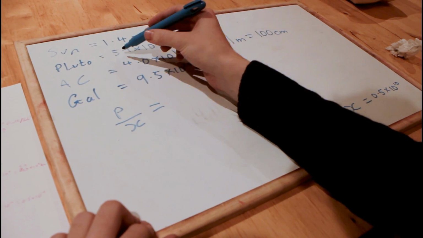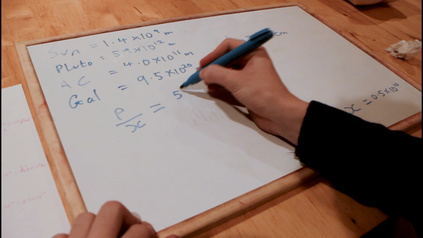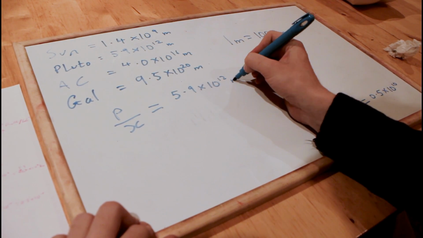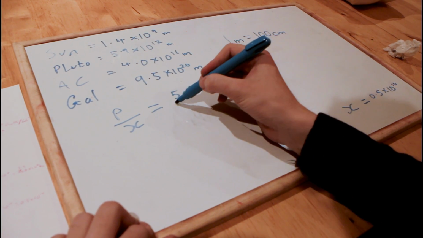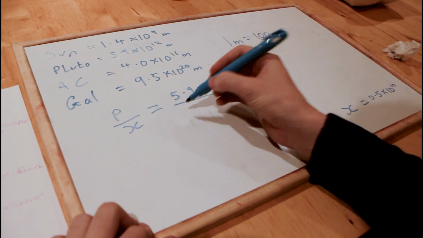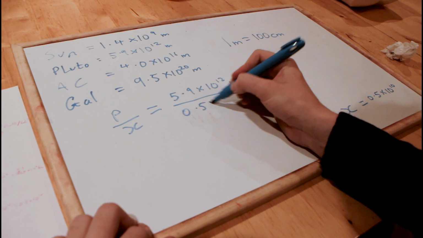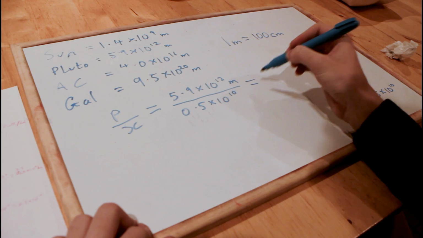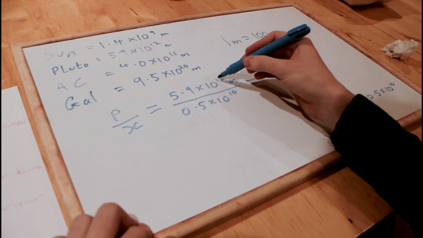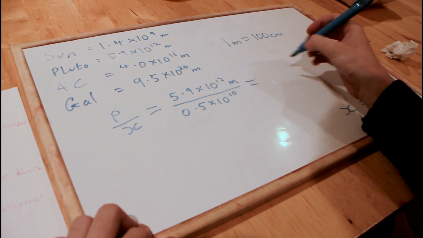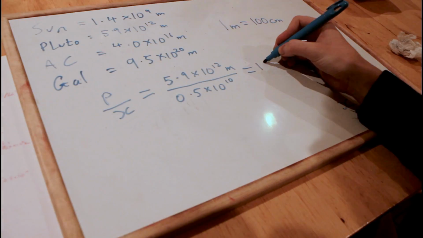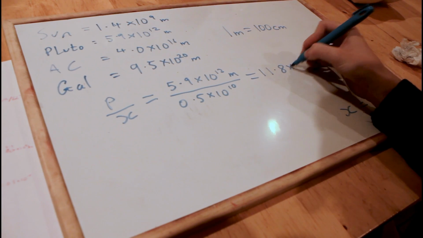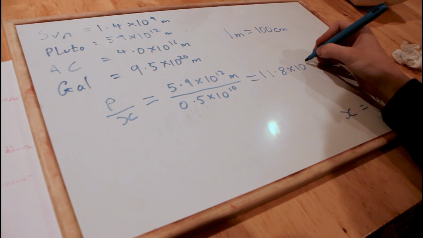All we have to do is say, alright, so Pluto is 5.9 times 10 to the power of 12 meters away. We're going to divide that by our value over here, which is 0.5 times 10 to the power of 10. And then dividing, we just take away the 10 from the 12, so we'd end up with a nice round number there. 11.8 times 10 to the power of 2.